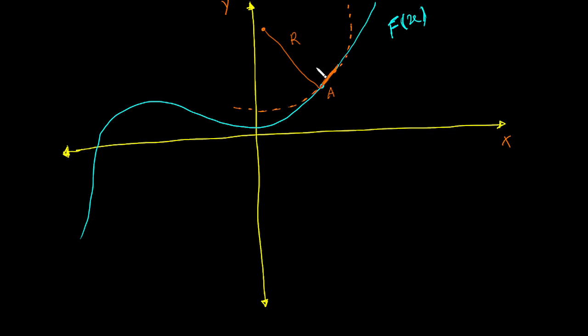Let's call it point A. This circle is in touch with this graph at this point A. So now I can say that at this point this function has a radius of curvature r, because at this point A, this small portion of the curve very near to point A, I can call it an arc of this bigger circle, which has radius r.